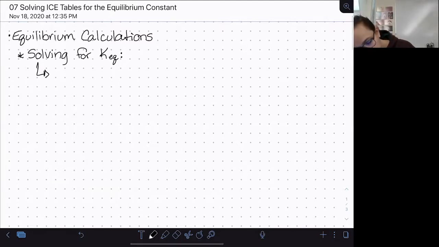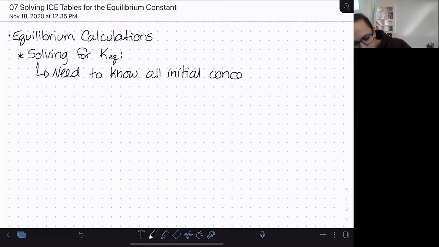So in order to solve for KEQ, we just need to know all of our initial concentrations and one equilibrium concentration.